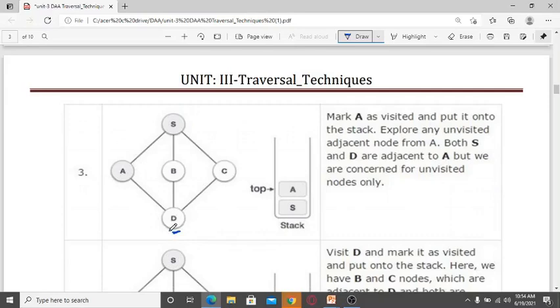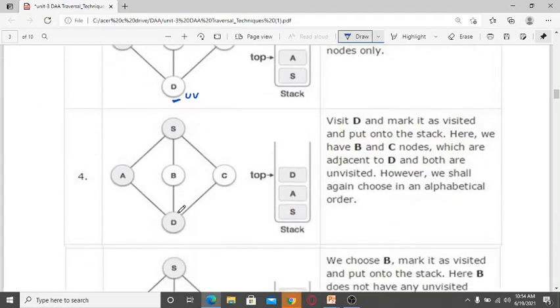The only unvisited adjacent is D. Already S and D we have. S is already visited. D is unvisited, so you need to select the unvisited node and push it in the stack.